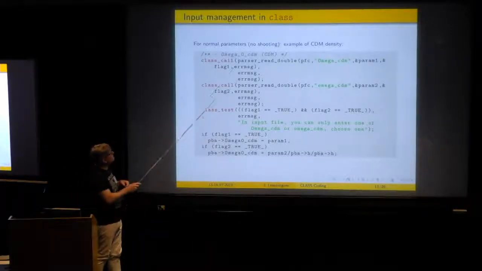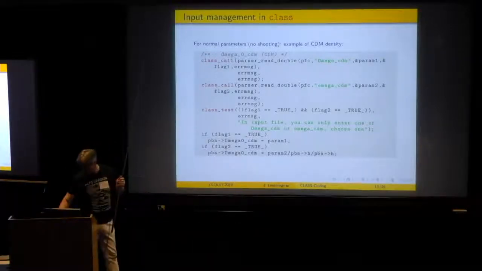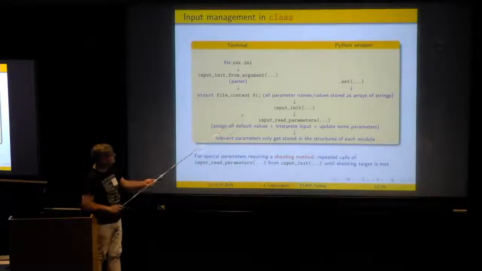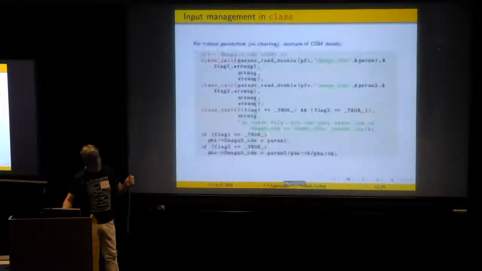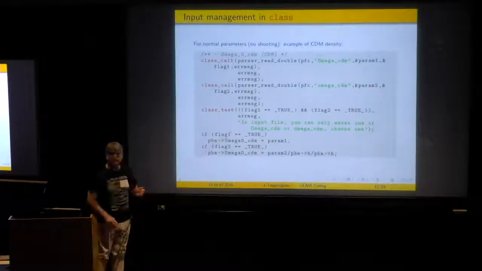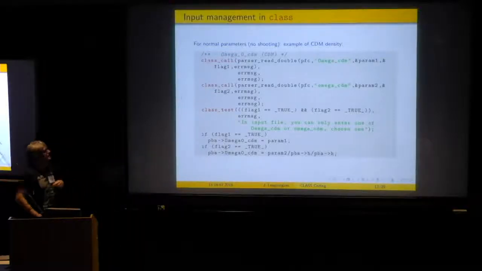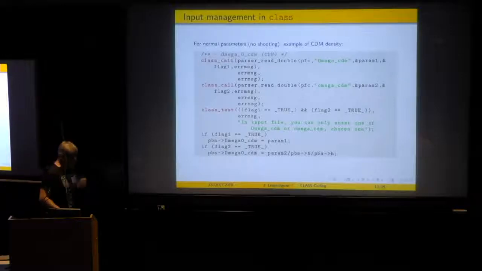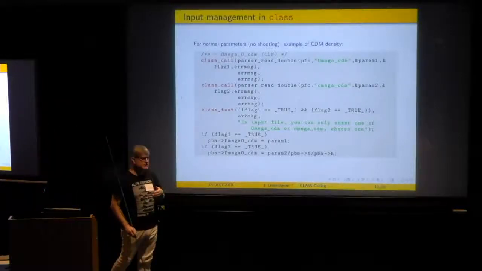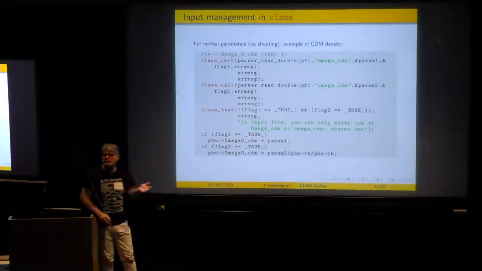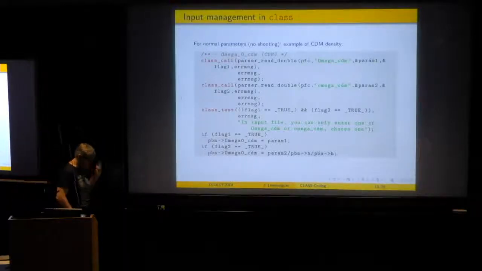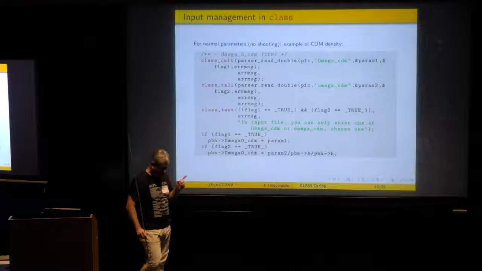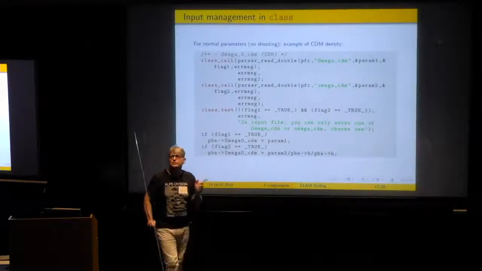We arrive here, we are in a line of the function, so this is inside the function input_read_parameters. Before arriving to this, omega_0 CDM has been assigned a default value, which is not 0, because this is a lambda CDM parameter. So the default value is from Planck. Okay.